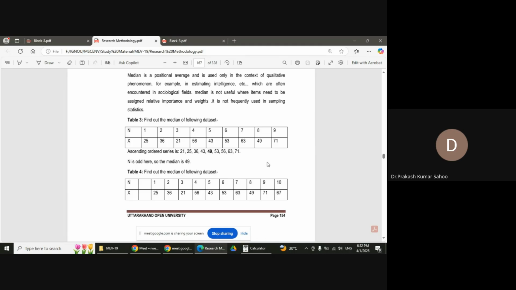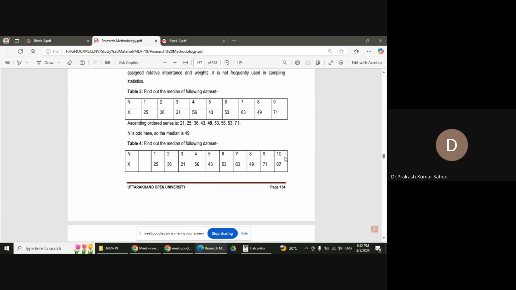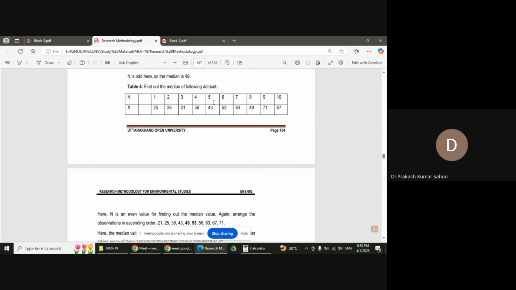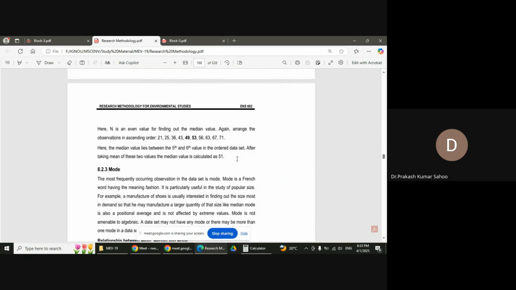So if I have a set of data with an even number of terms, then the middle terms, n by 2 and n by 2 plus 1, will be your central data, and the median will be the summation of these two divided by 2. That means here, 49 and 53 are your fifth and sixth terms.